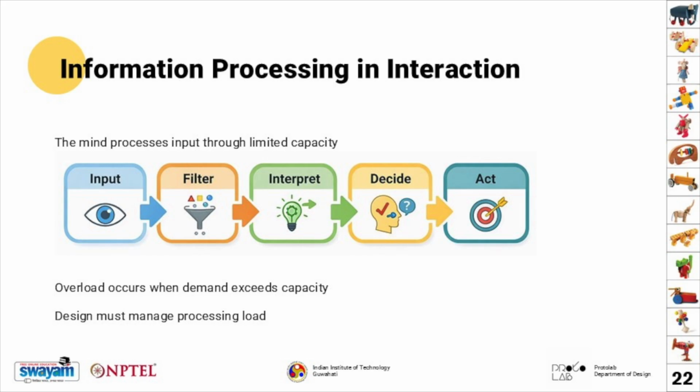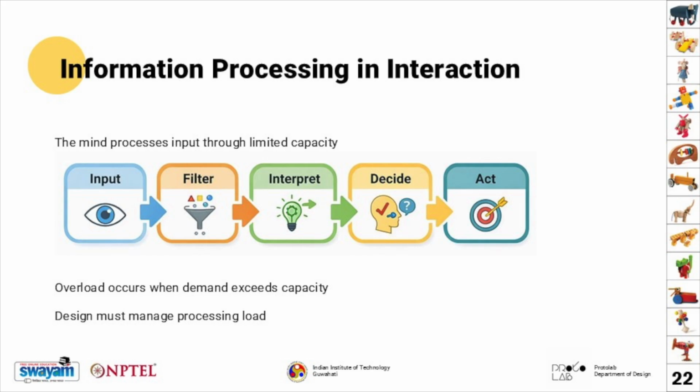Each stage competes for mental resources. If perception requires effort, less capacity remains in the memory. If memory is overloaded, reasoning becomes unstable. So confusion often begins earlier than it appears. Information processing therefore asks the designer to manage demand over time.